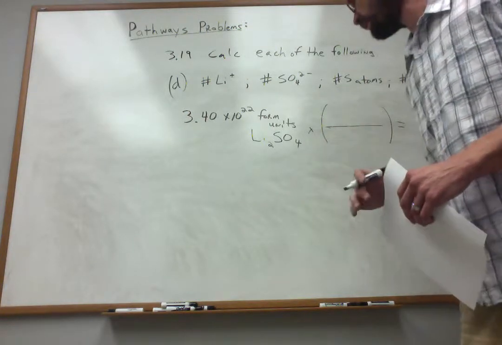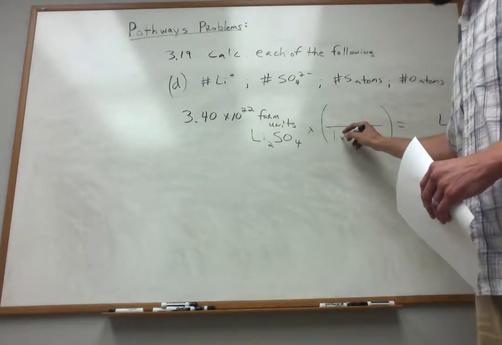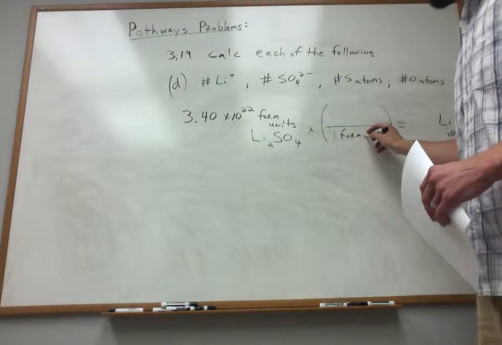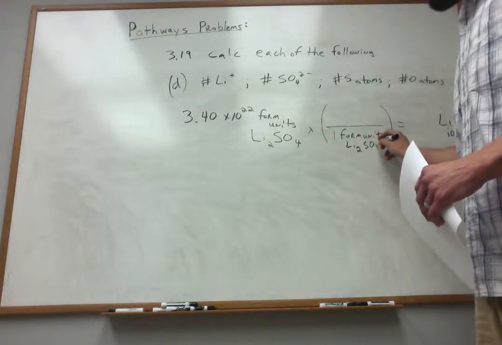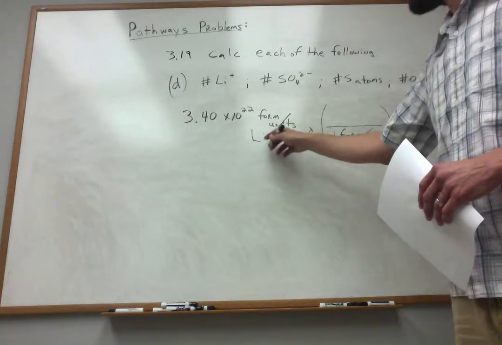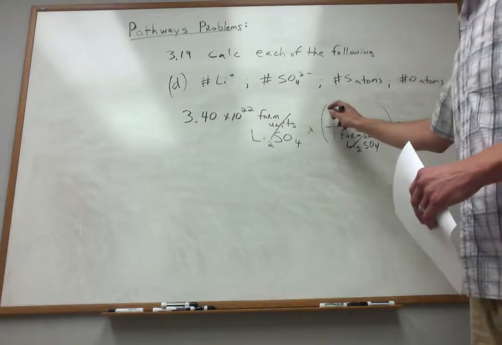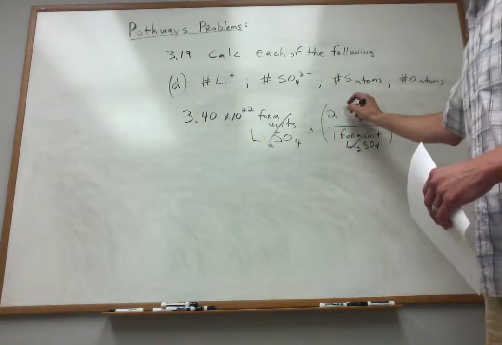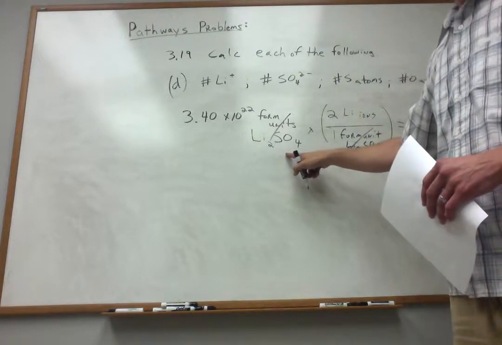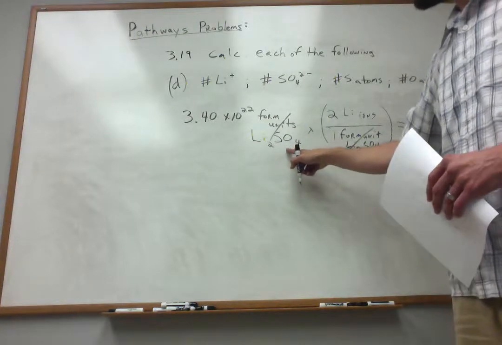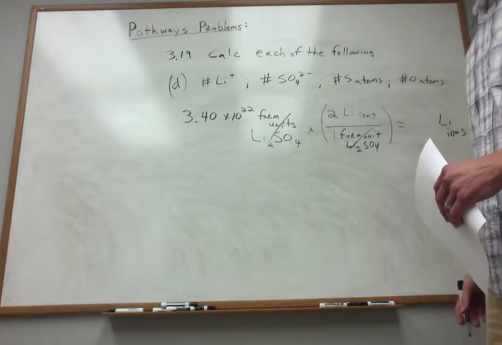That's important information because if I look at the formula, for every one formula unit of the compound, Li2SO4, I put that in the denominator so the units cancel, but for every one formula unit of that stuff, how many lithium ions are present? Aren't there 2? Because of how the ions combine to balance the charges. I needed 2 of these for every one of these, so it's a 2-to-1 ratio in terms of its so-called stoichiometry, and the ratio of combination.